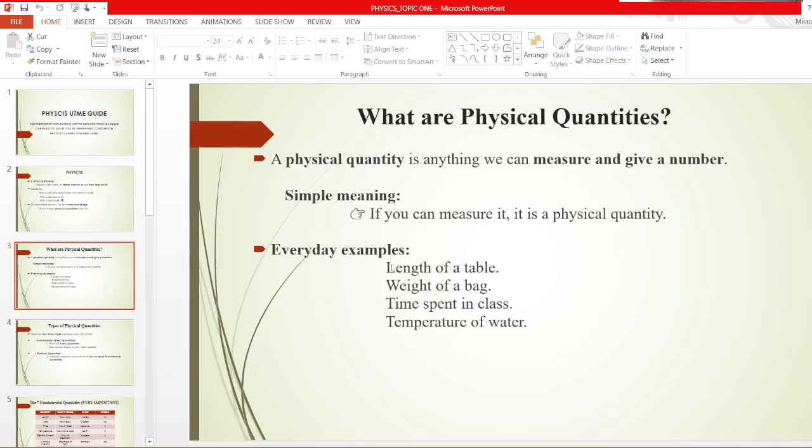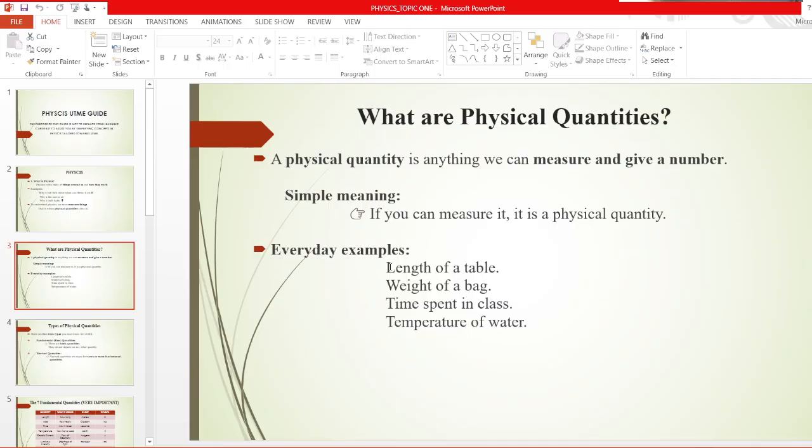Let's look at the example, the length of a table. So we find the length of the table is going to give us a number. The weight of a bag, as long as it's going to give us a number, it is a physical quantity. The time spent in class, as long as you can measure the time spent in a class, is a physical quantity.